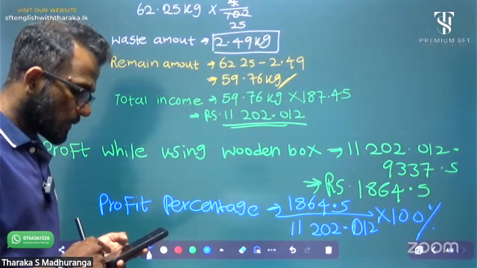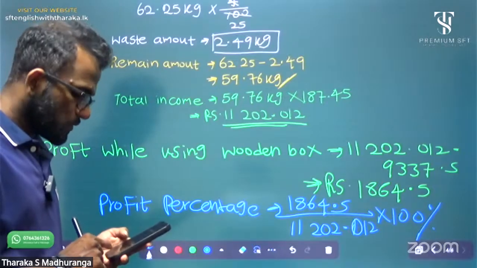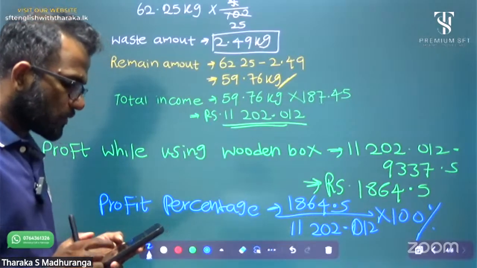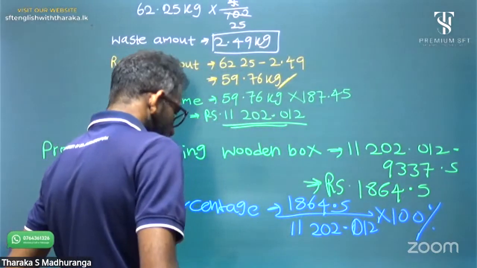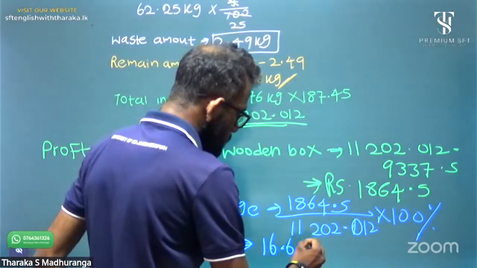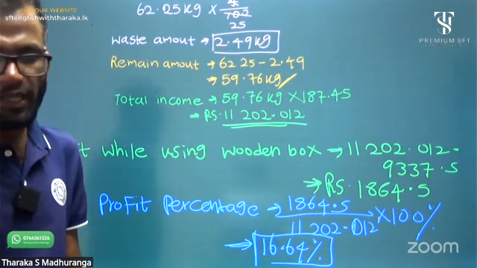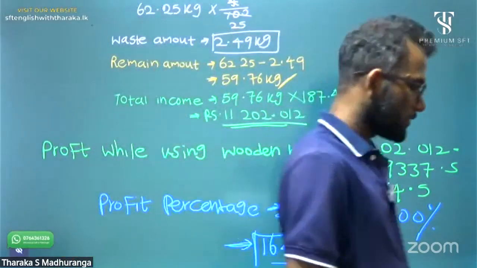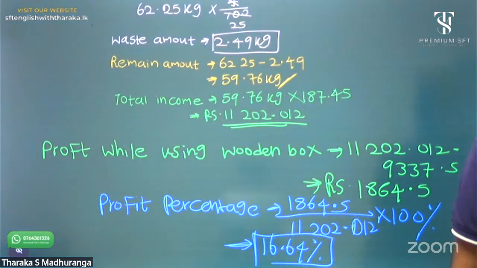Multiply by 100, divide by 11,202.012. It is 16.64. The supplier has 16.64 percent profit.